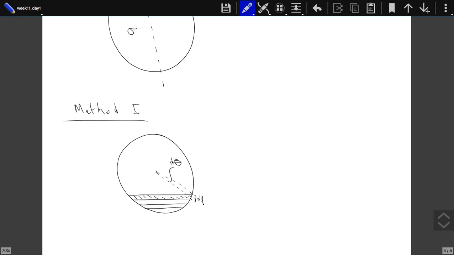Let's say it has a thickness dl. And let's say this angle over here is theta. And there is a contribution to the magnetic dipole moment. This is the direction of omega. From that ring, which I can write as I times dA, let's say, its area.